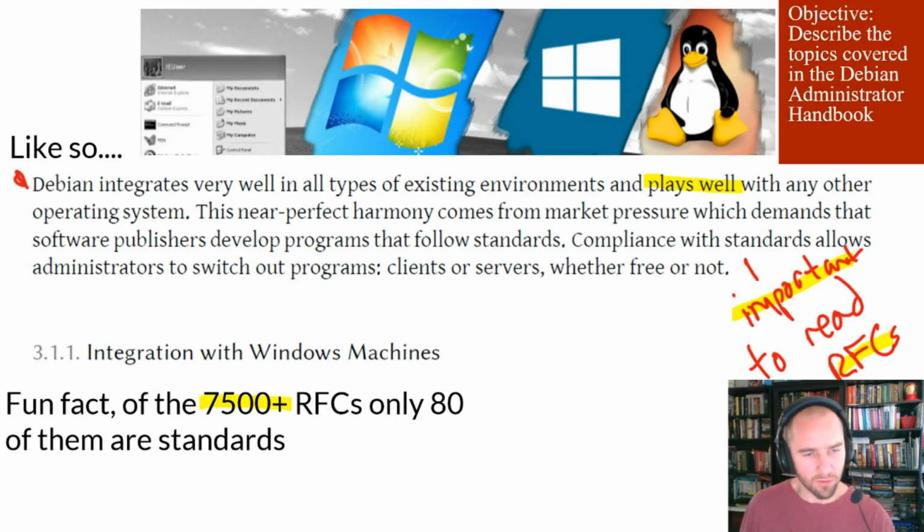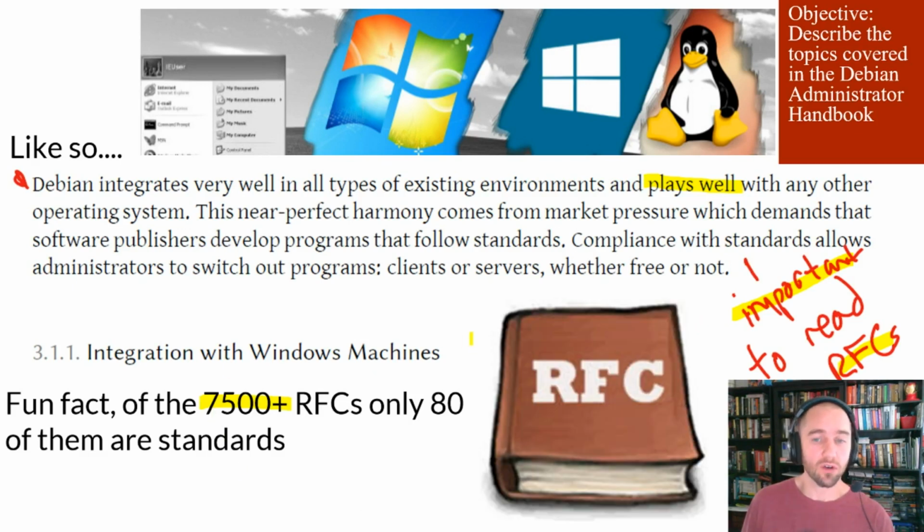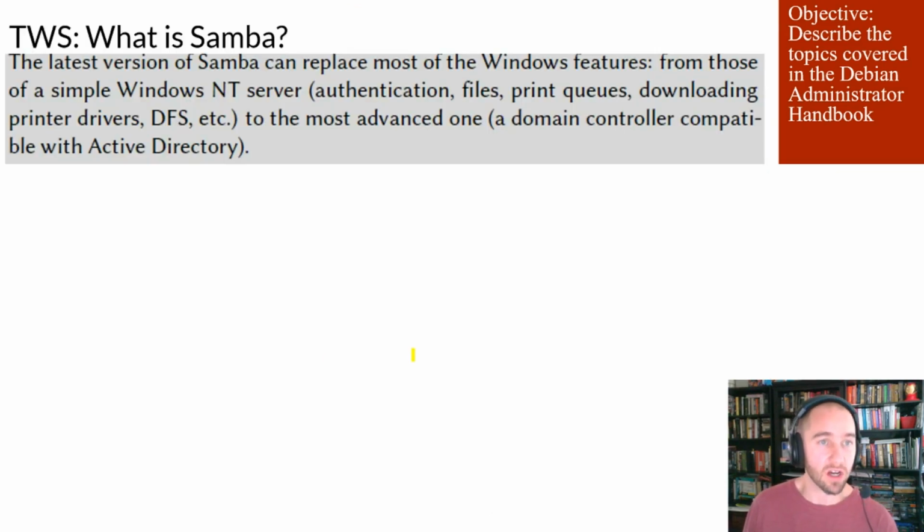Just a quick fun fact for you, there are over 7,500 of them. And of all of those, only 80 of them are actually standards. So that shouldn't be too daunting of a task to make sure you are complying with the standards that the techie guys have agreed to. Who I'm referring to is really just the IETF. I think they're the ones primarily involved in standardizing a lot of these things that we're talking about.